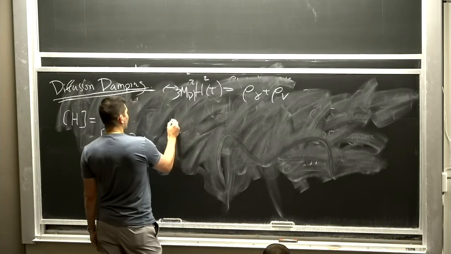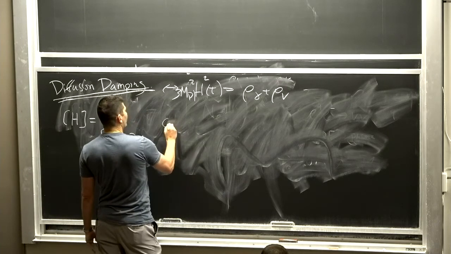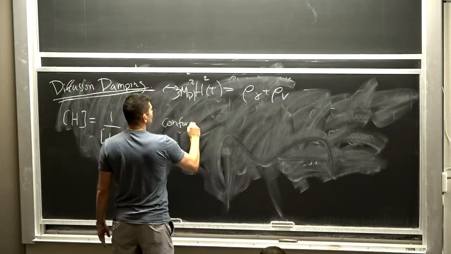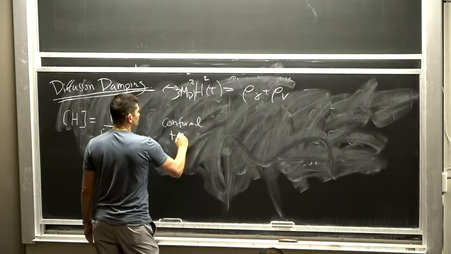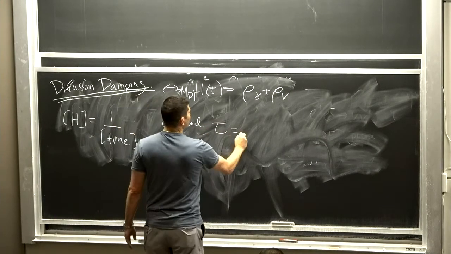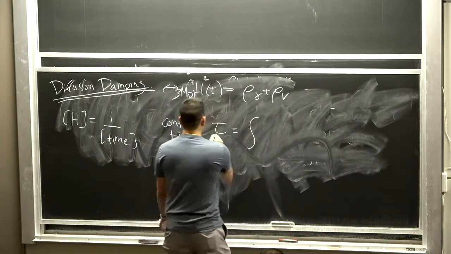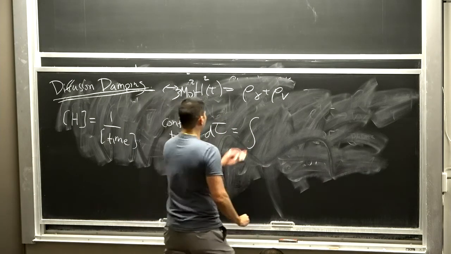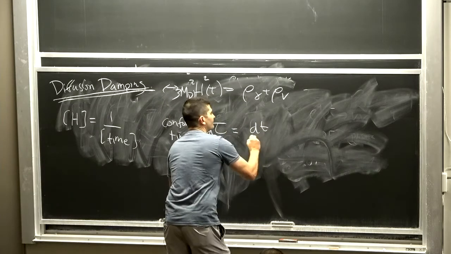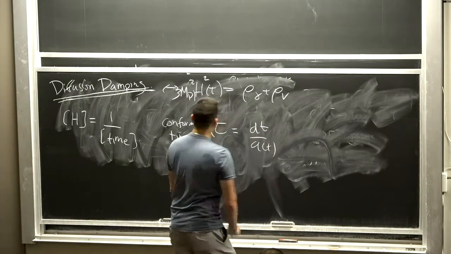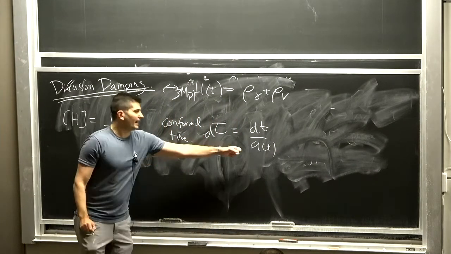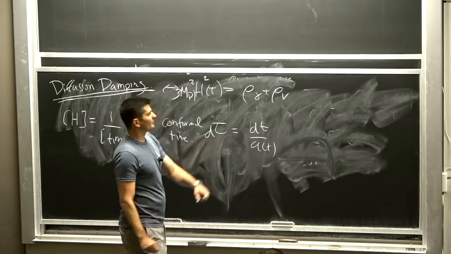So if we work in terms of conformal time, we're going to call that tau. It's usually defined like this: a of t times d tau is equal to dt.